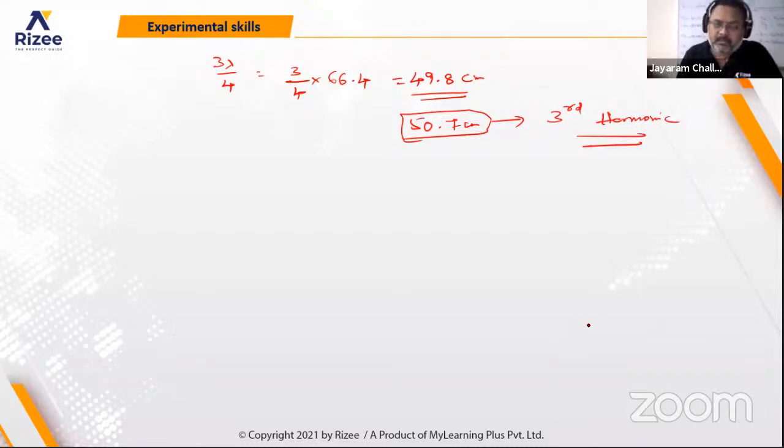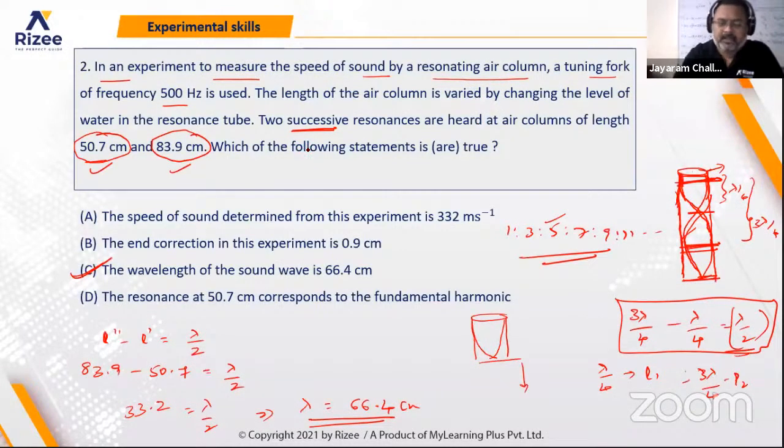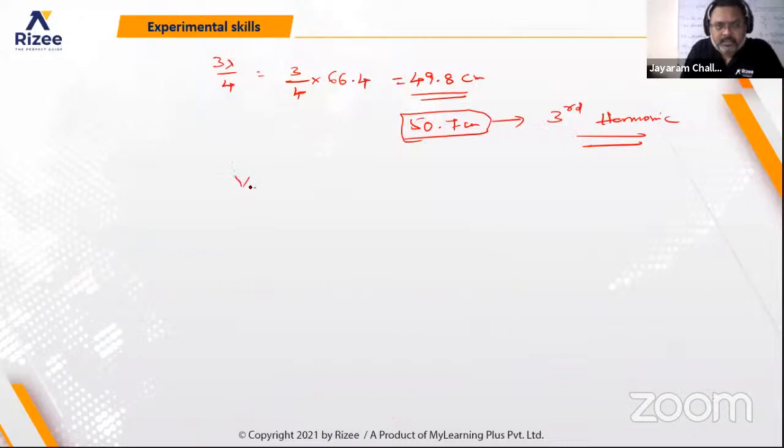We have got the wavelength, and the question also gives the frequency. So the velocity of sound is frequency into lambda. The frequency is 500 Hz given in the question, and lambda is 66.4 centimeters into 10 to the power of minus 2.